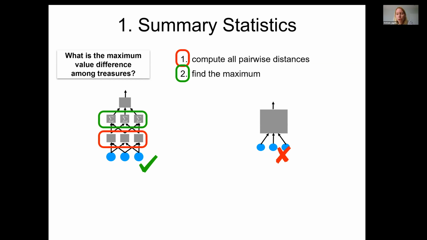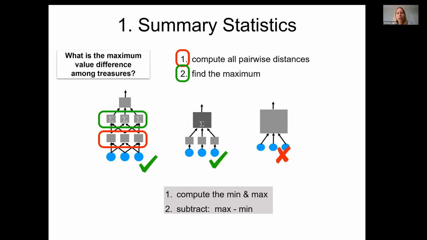For just the feed-forward network, it's a bit harder because it has to learn to be permutation invariant. It has to learn to first do pairwise distances. So it's much harder to learn the structure. Now, what happens for the deep sets? You do something at each item, and then you sum up over all the items. So certainly doing these pairwise operations is not that easy to implement with this. You have to learn to ignore a lot.